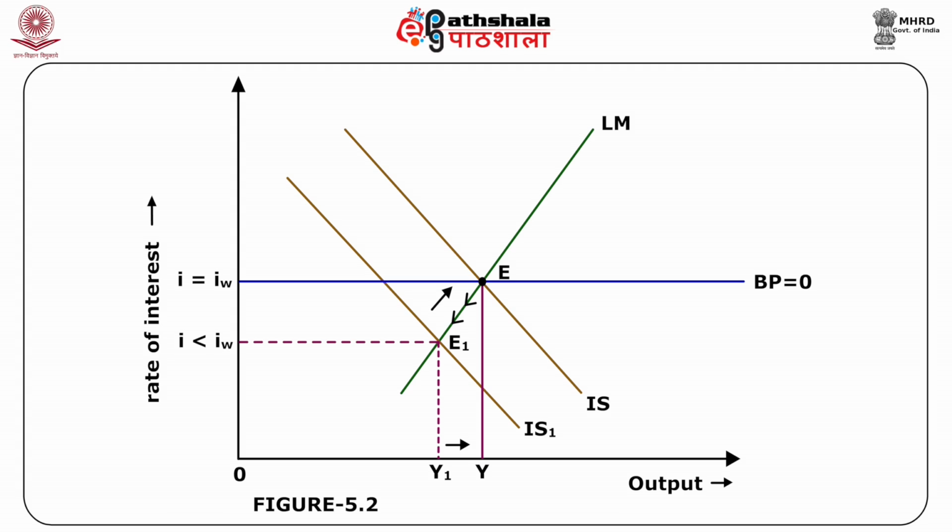Depreciation in the exchange rate will improve the trade balance and this will shift the IS curve from IS1 back to the original level. So we can conclude that when there is fiscal contraction, there is no change in output as the economy finally moves back to the original level, and there is improvement in trade balance because of currency depreciation, assuming the Marshall-Lerner condition holds.